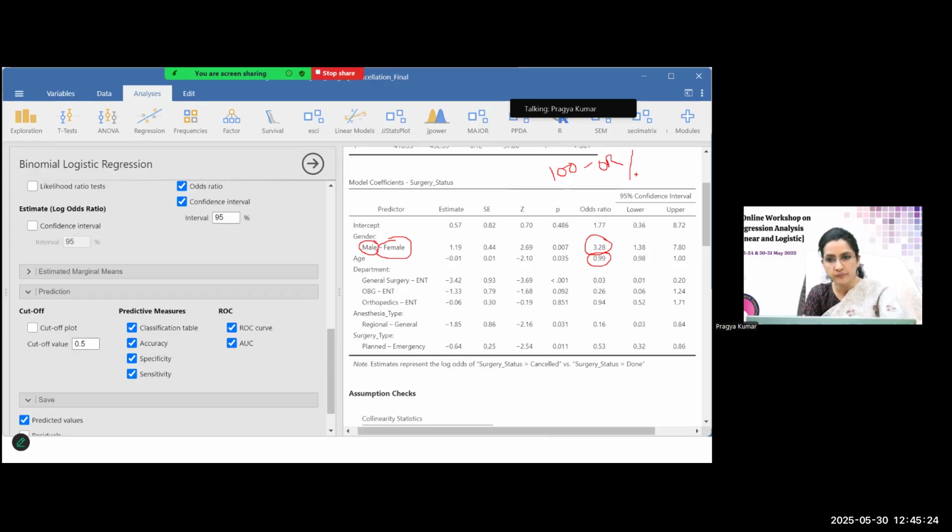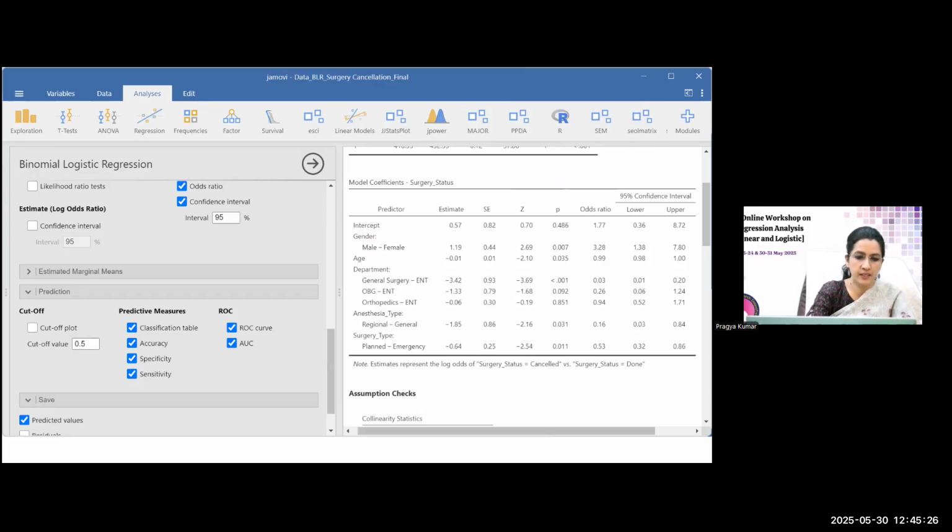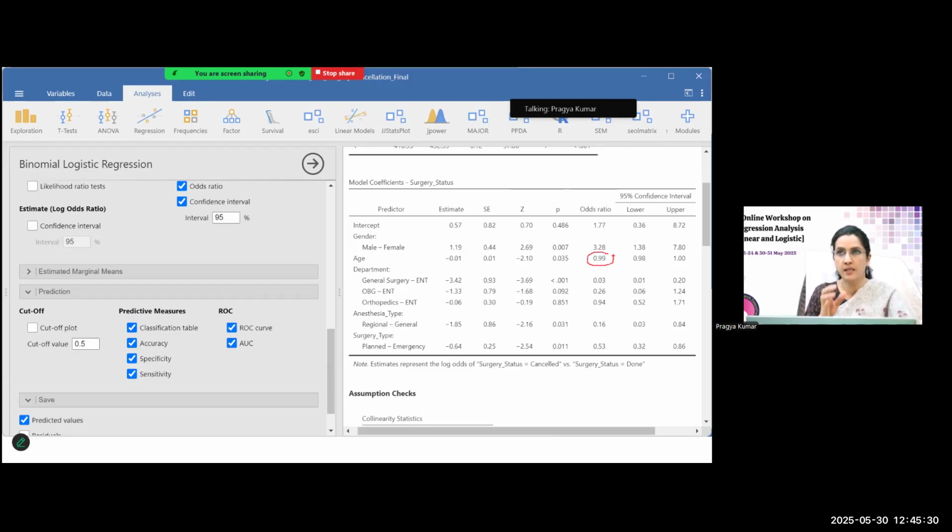Like if I have to express this value as a percentage, what I will do, 100 minus, if I convert this 0.99 into a whole number, so either 1 minus 0.99 or 100 minus 99. So it is 1%. So I will say that with each 1 year increase in age, the odds of surgery cancellation is reduced by 1%. That is, if I want to express it in percentage.